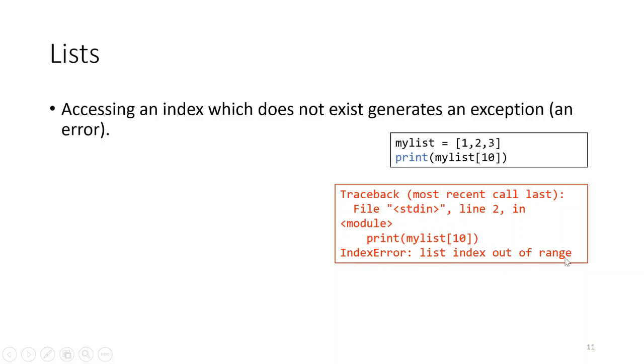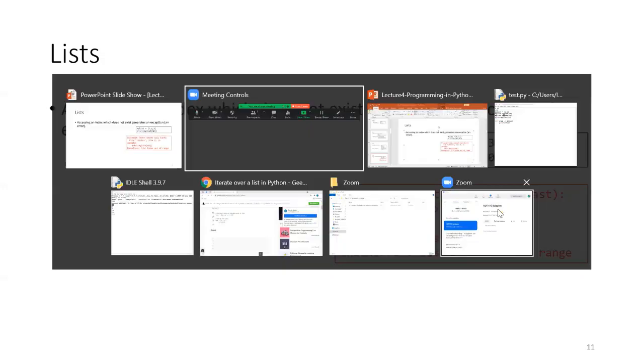The acceptable range, as I said, was between 0 to 2, but now that we are using 10, we are going outside the range. And it is showing where in the file this error is happening. It is saying line 2. Let's try it now.